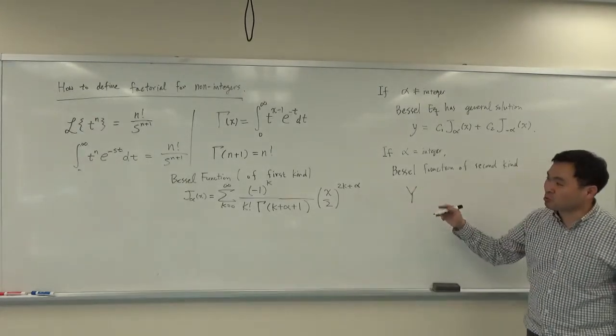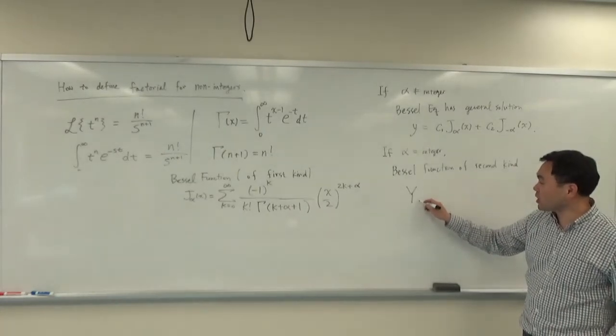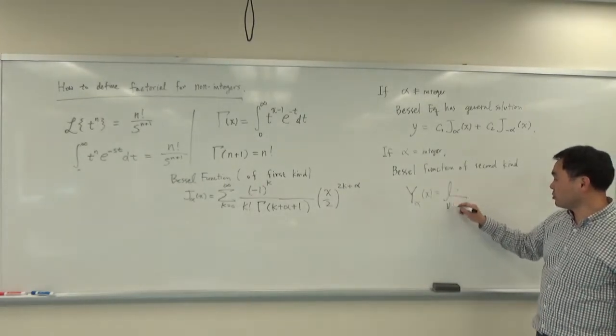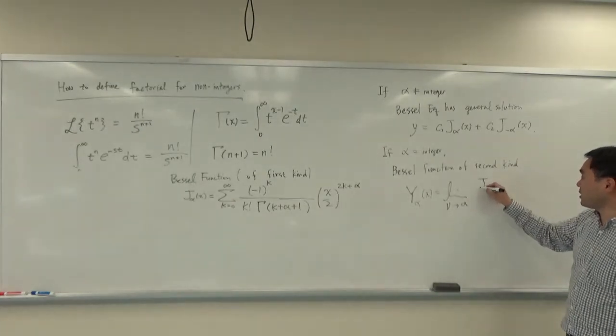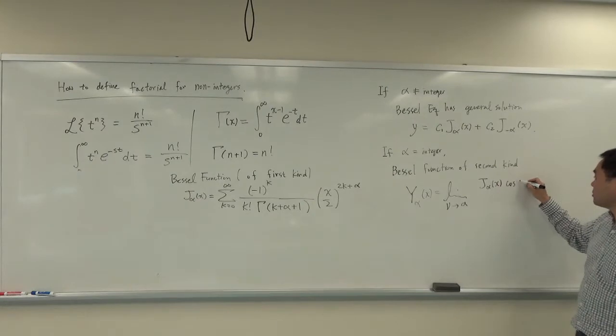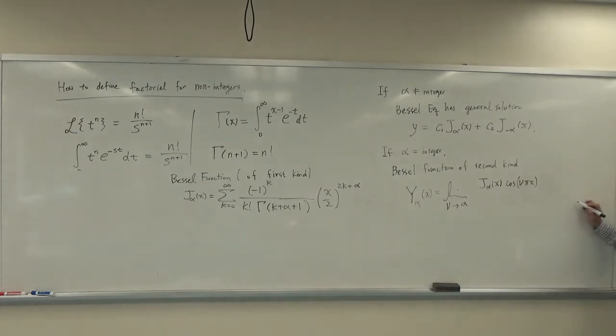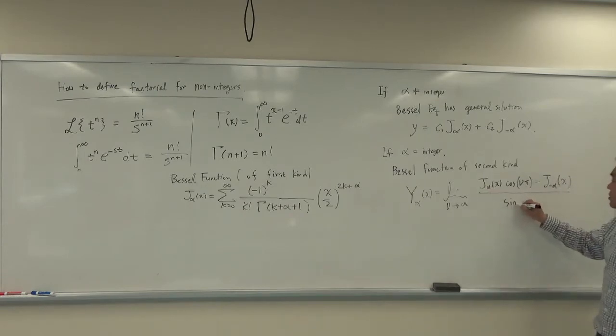I don't know why they chose these letters, but Y of alpha of x is defined as the limit of nu going to alpha of J alpha of x cosine nu pi minus J minus alpha of x, over sine of nu pi. There shouldn't be any x in the cosine, sorry, it's nu pi.